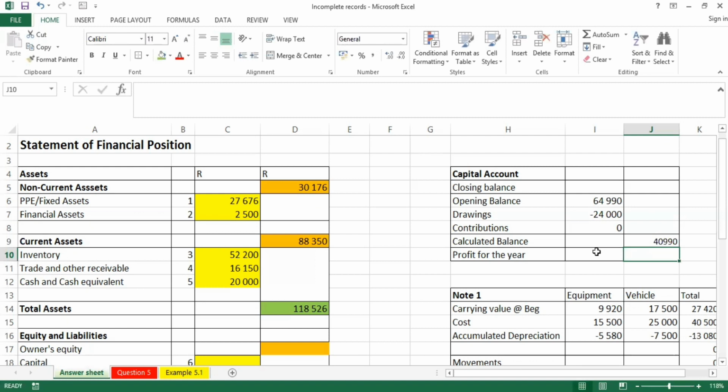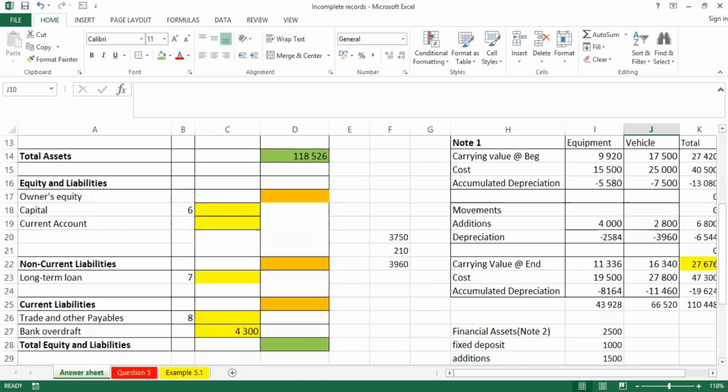So we're looking for our closing balance. In order to get your closing balance, you can simply say total assets minus your total liabilities.